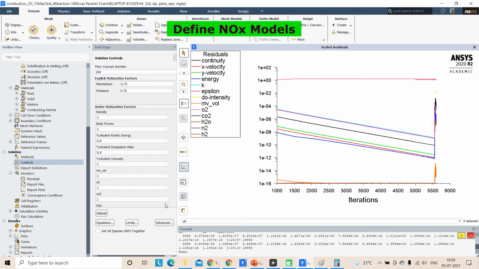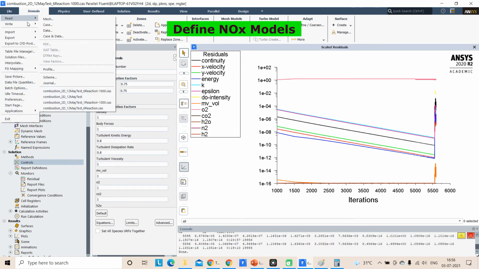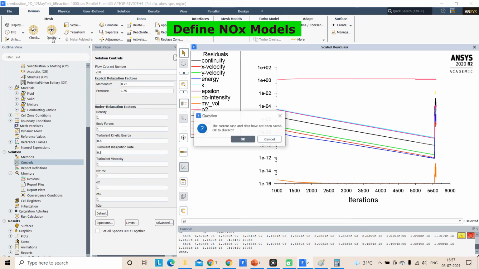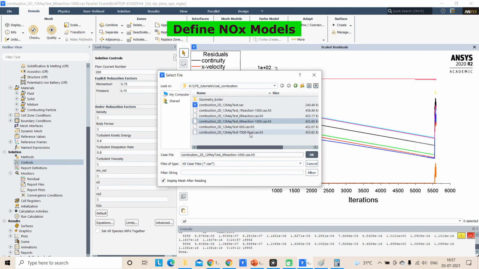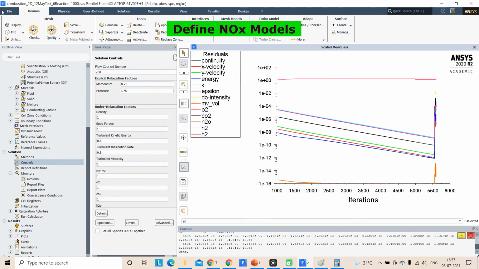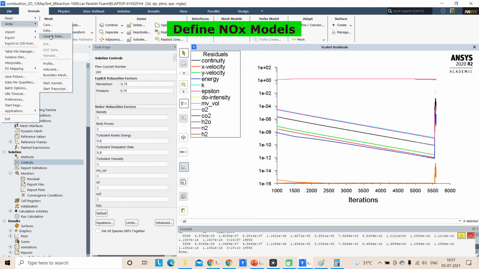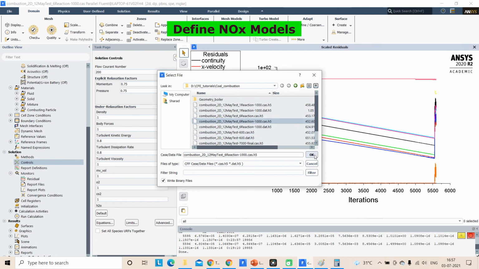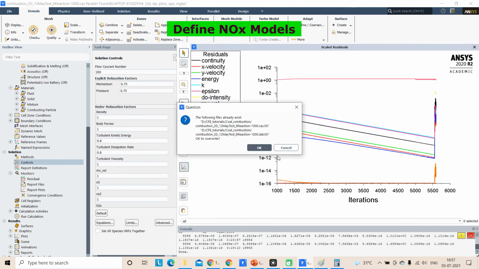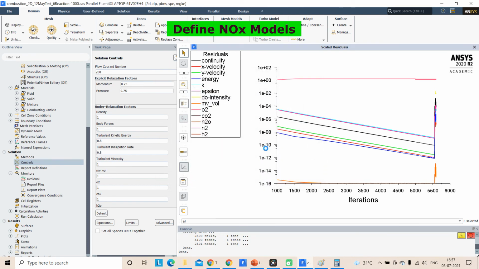Here, assuming that combustion is simulated, then we'll see the combustion results. I just take a default case. We take the case data of the combustion, then we solve separately for the pollution species like NOx.